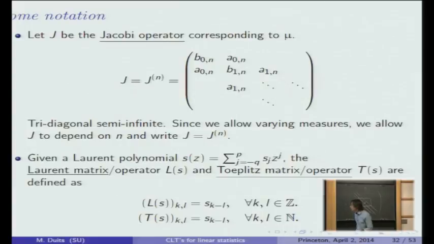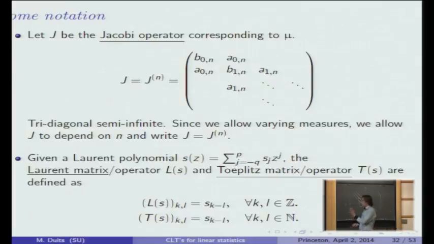Sorry. So Q and P are given numbers. These are the bands of the Toeplitz matrix. And this S is called the symbol for the Toeplitz operator, the Laurent operator. These are just constant along the diagonals, and along each diagonal we find one of the coefficients in the polynomial.